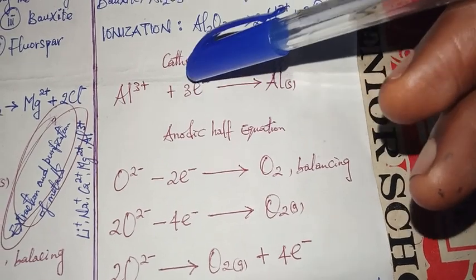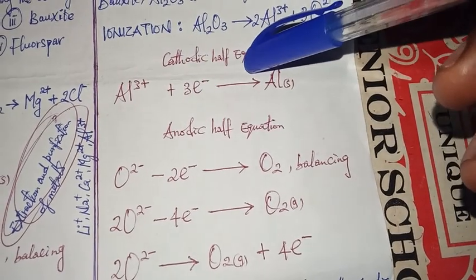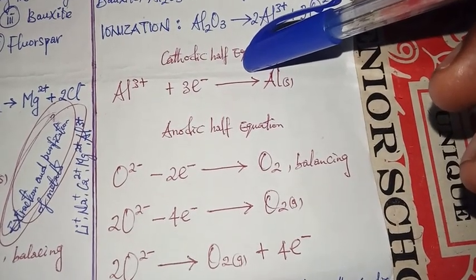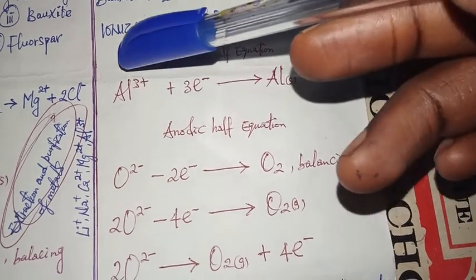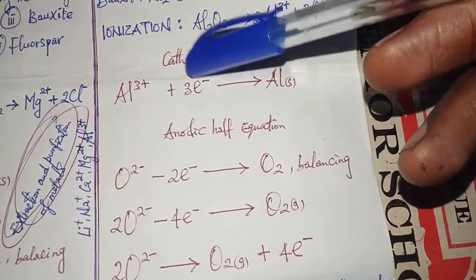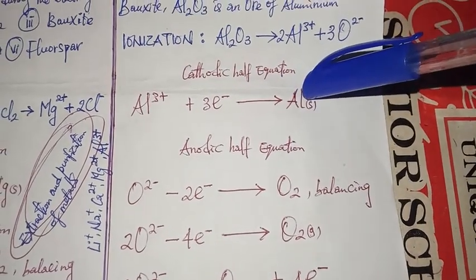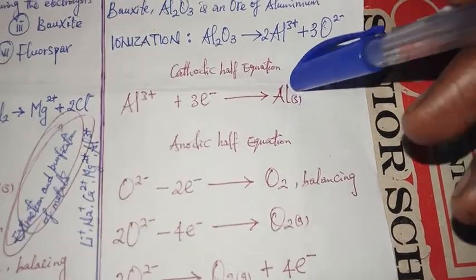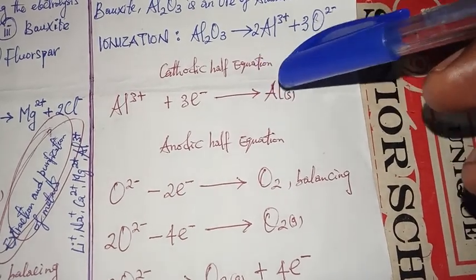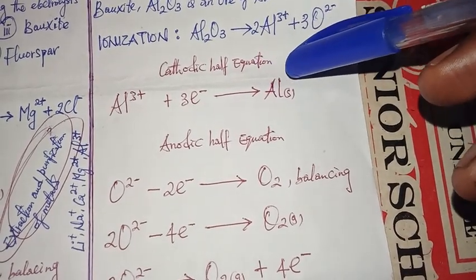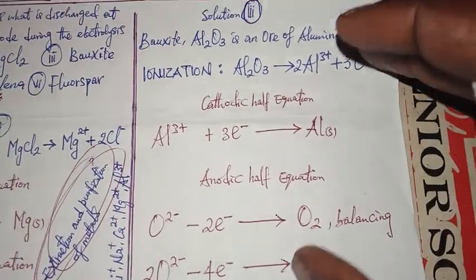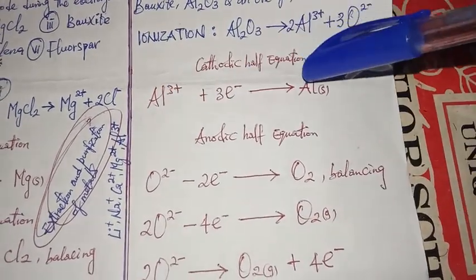Reduction is gain of electron. So aluminium cation gains the number of electrons equal to its valency to now be discharged as a neutral element. Or say we have now recovered aluminium as a metal. We have converted it from ion to a metal.